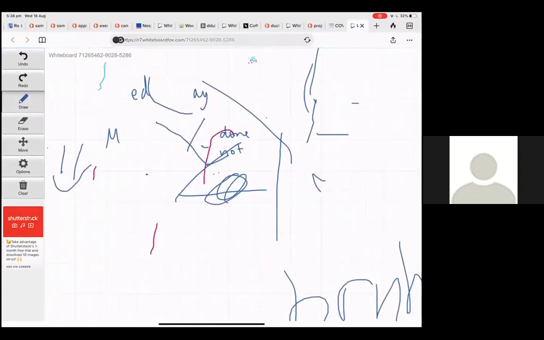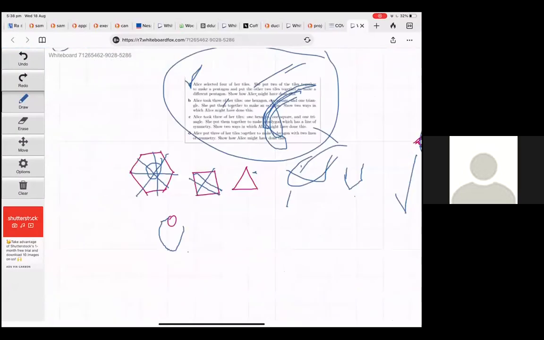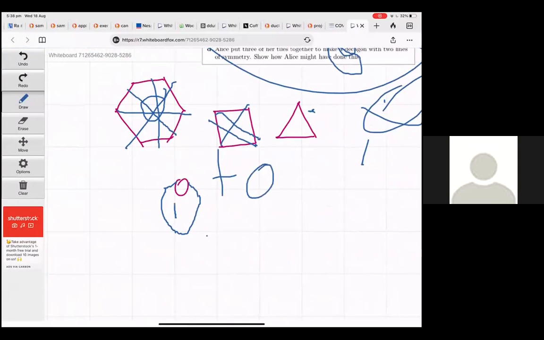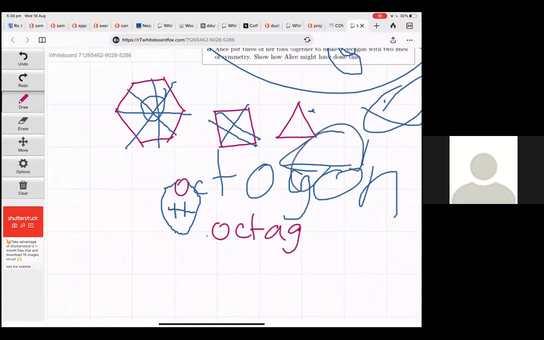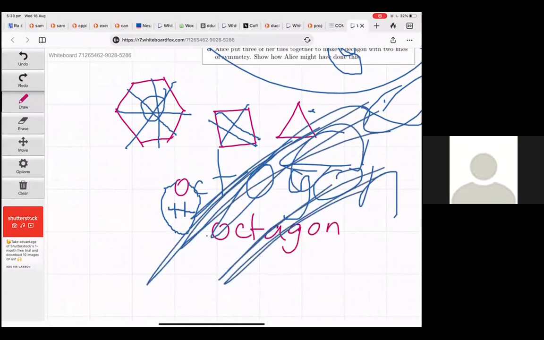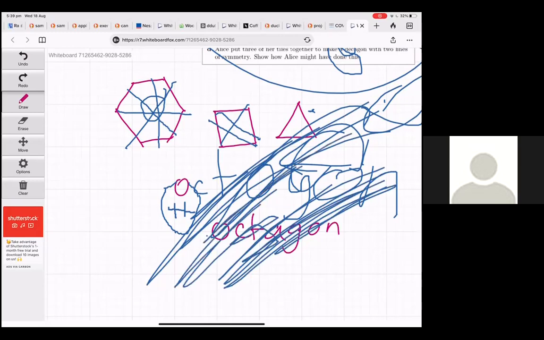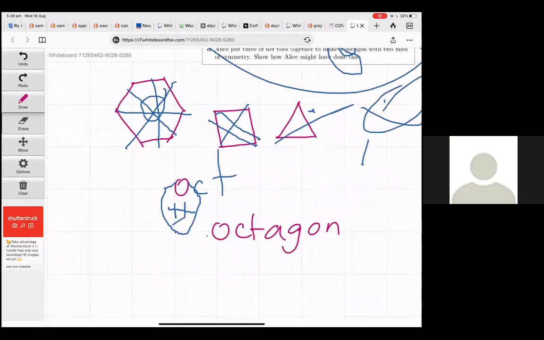Okay, I can see now a blue thing. Now here someone wrote Octagon. Oh, there's scribble. We just rubbed it out. There's this purple thing here.